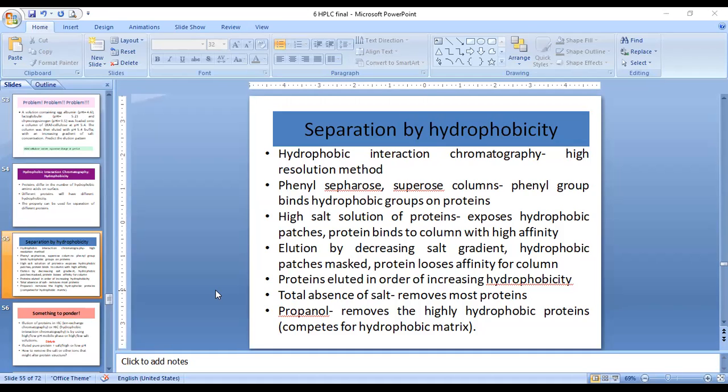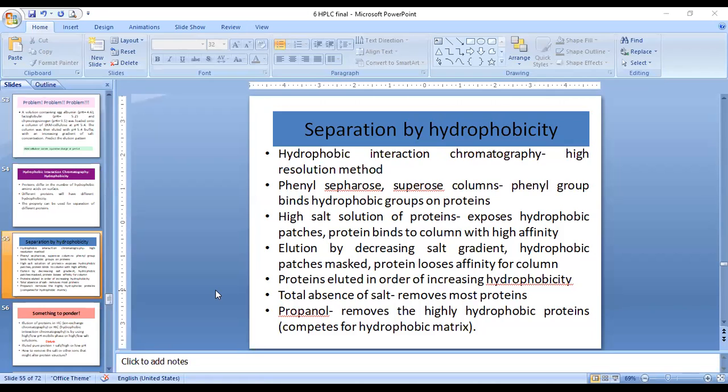Inside this globular structure, some of the hydrophobic groups are hidden, because normally the protein is supposed to work in an aqueous environment. When we take the proteins in a high salt solution, these hydrophobic patches get exposed outside. Is that clear to you?